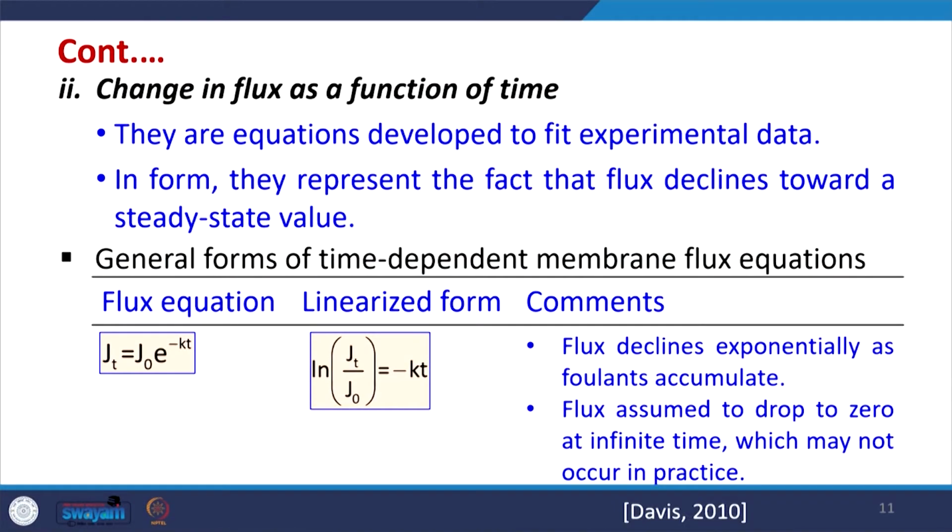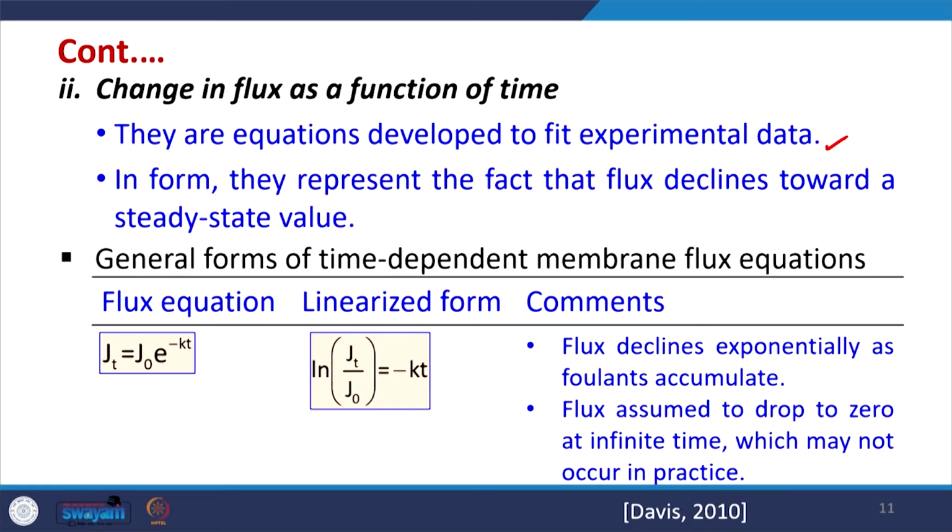Then there is another model called change in flux as a function of time. In this case the equations are developed to fit the experimental data, and they represent the fact that the flux declines towards a steady state value.